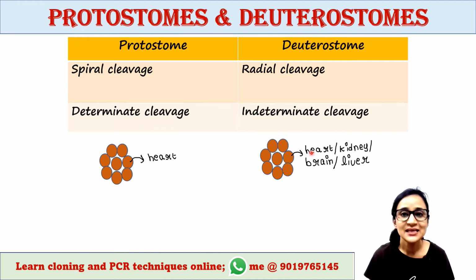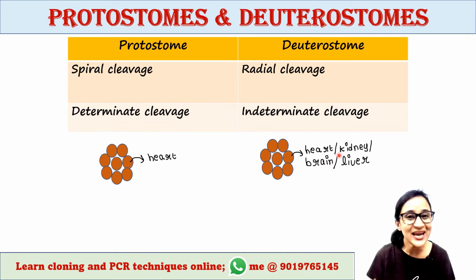Suppose this cell will be a future heart cell. Now you isolate this cell and put it in another location of a second embryo. Now the cell may become a future brain cell or kidney cell or heart cell or liver cell. So its fate is indeterminate.